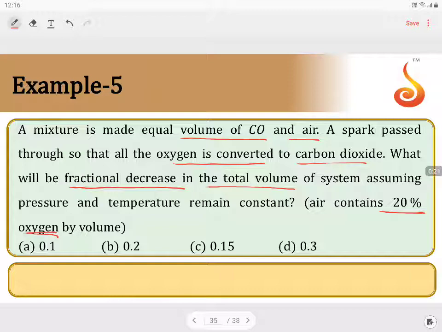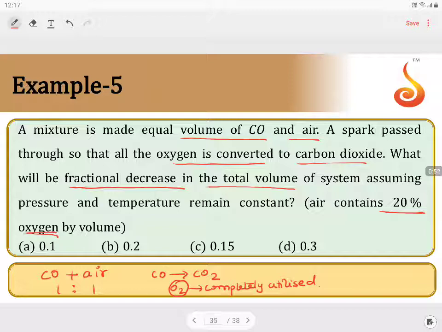So initially you have taken carbon monoxide and air in a 1:1 ratio, whether in volume or in mole ratio. And carbon monoxide is converted into carbon dioxide utilizing oxygen, with the oxygen completely utilized.